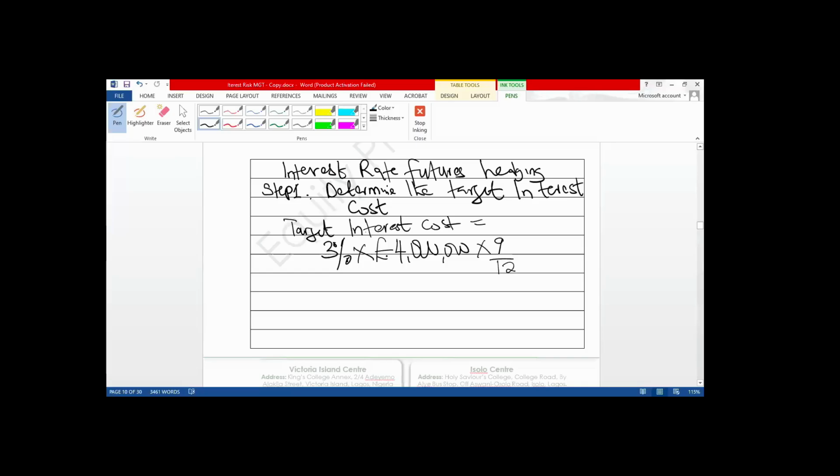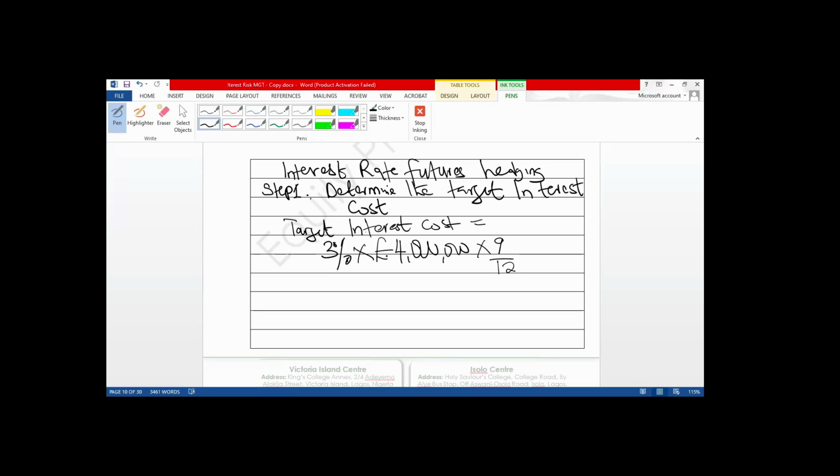If you are borrowing in February, you must not pay more than your target interest cost. That is the purpose of your hedging. That is why you are using interest rate futures hedging.